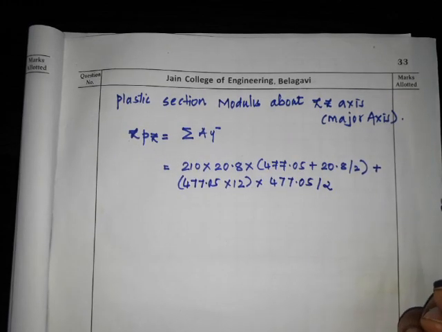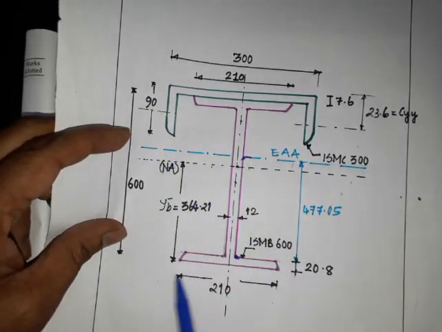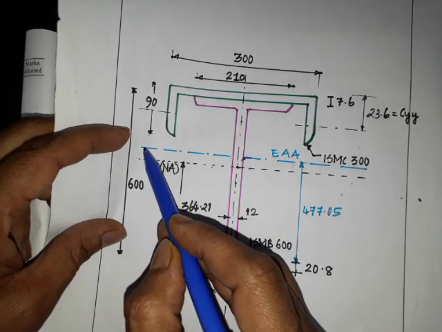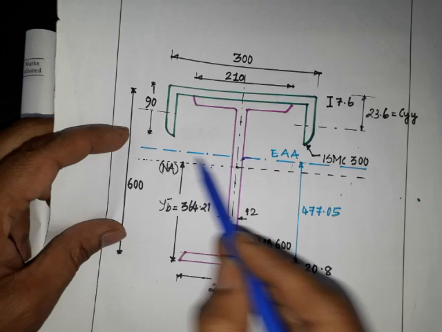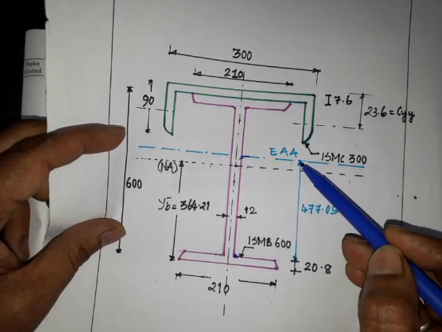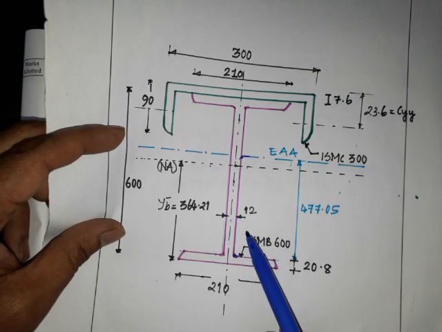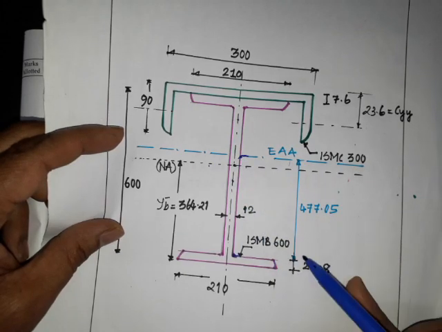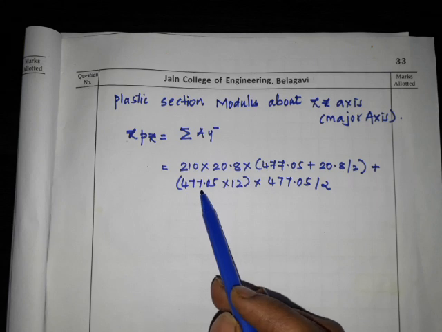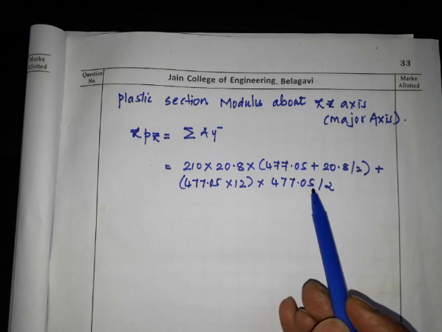So after the flange we check the web: 477.05 into 12 into 477.05 divided by 2.